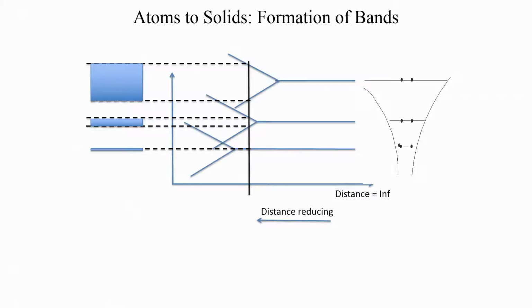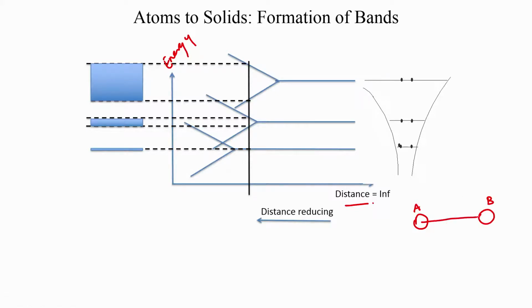So let's look at the splitting of energy levels a little better. I have here a very crude drawing which shows this aspect. What we have here is a plot of energy versus distance between the atoms. This distance is the distance between the two atoms A and B that we were talking about.